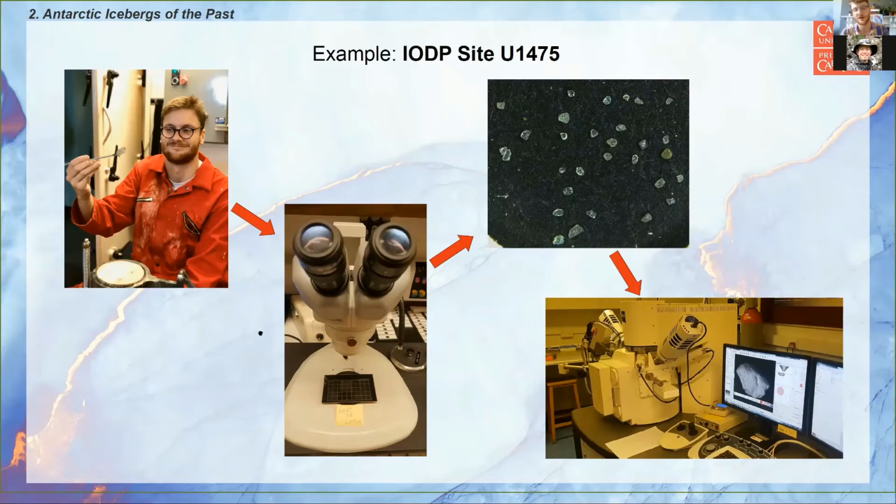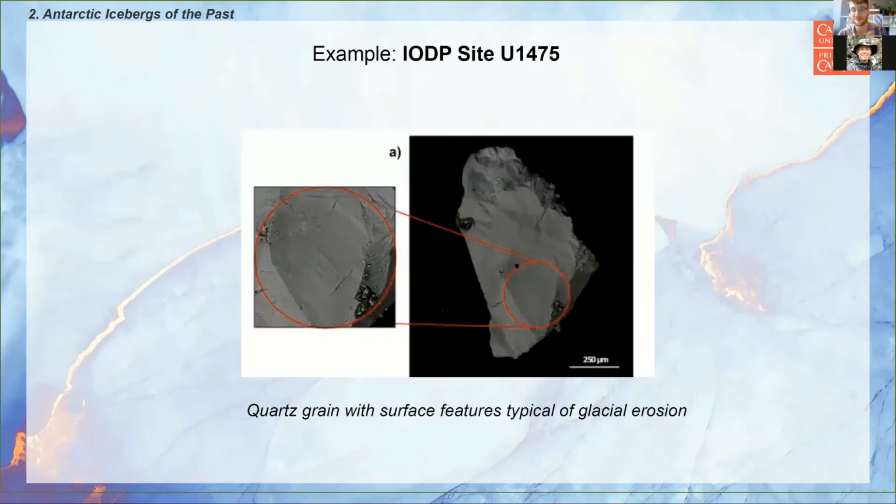First, we'll look under a light microscope or a binocular microscope, and we start to identify different mineral grains, different rock fragments. Then we can make use of the scanning electron microscope in Cardiff, where we get to have a real close-up look at the grains, and it can also give us a chemical signature, the chemical composition of each of the grains.